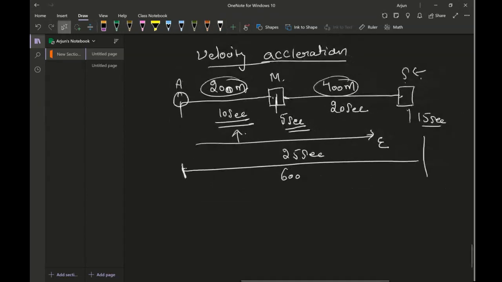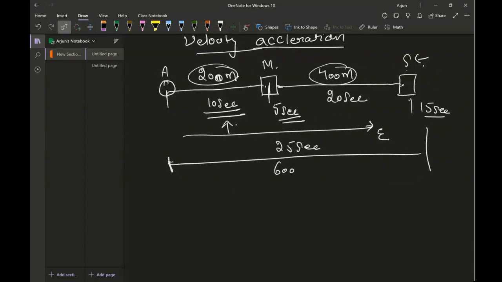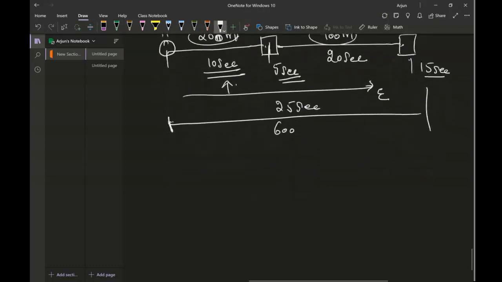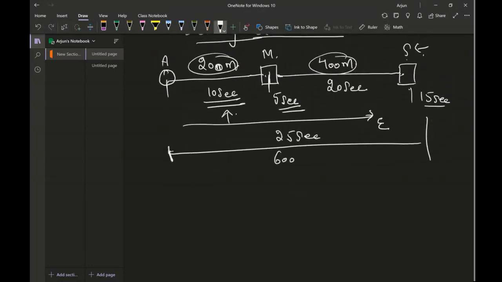I wanted to first of all find out the velocity, then the acceleration, and I wanted to draw the velocity and acceleration graph, and then I'll add the displacement graph too. Displacement. So first of all, the net displacement covered by that student will be zero because he ends up being exactly at the same point from where he started.